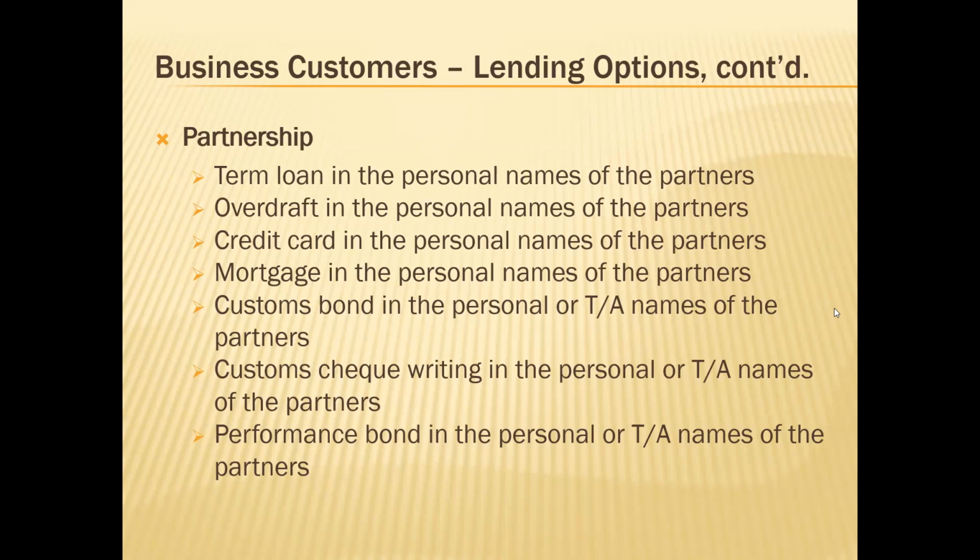Let me say those last three for the individual, it could be in their personal or their trading as names, because the nature of customs bonds or customs check writing facilities is a business venture.